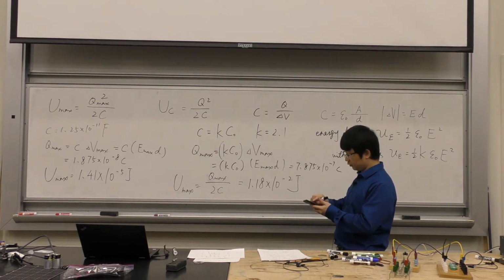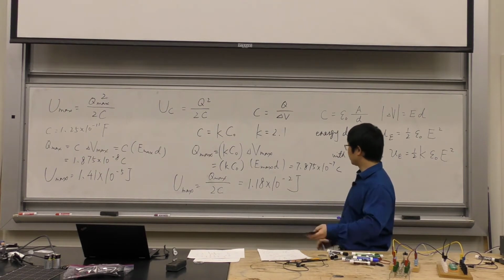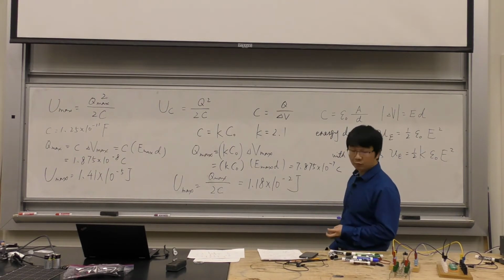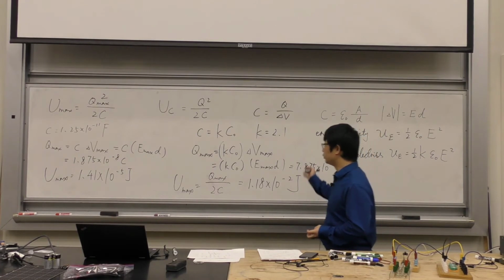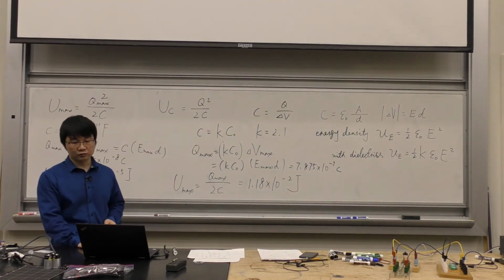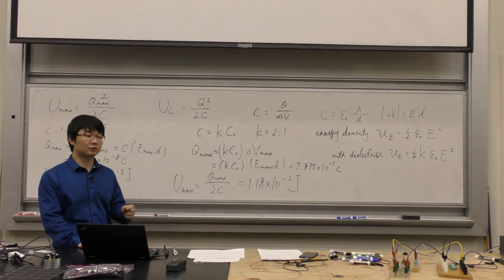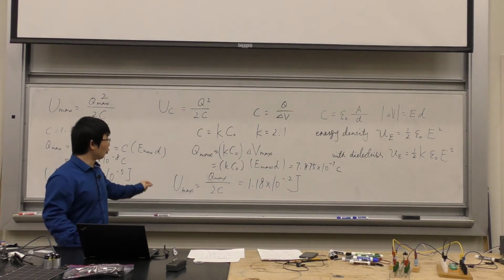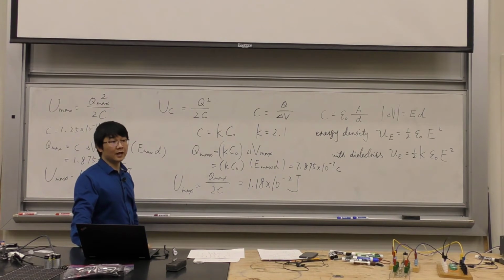What do you get? You get almost 800. So by putting Teflon between these two electrodes, you can increase the maximum electric field energy stored in this capacitor by more than 800 times. That's the point. That's the reason for dielectrics. It's going to increase everything we want.